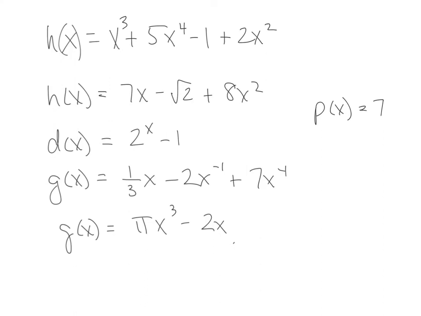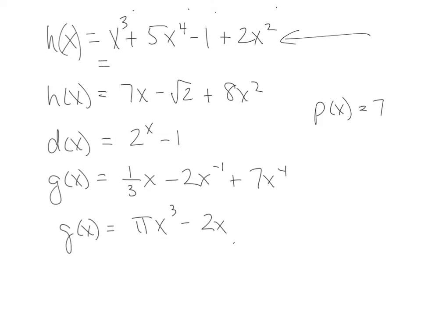All right, here. Is this a polynomial? Well, let's look at the exponents. 3, 4, that's a 0, and that's a 2. Are they all integers? Yep. Are they all 0 or bigger? Yep. Is it written in standard form? No, it's not.